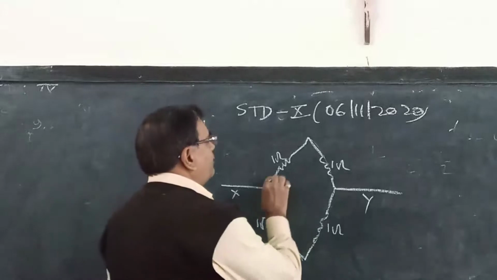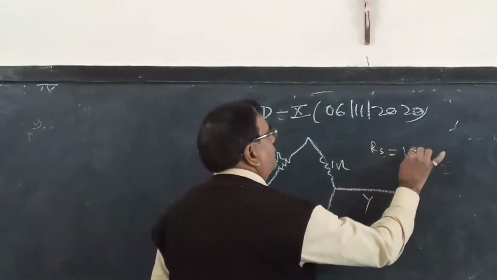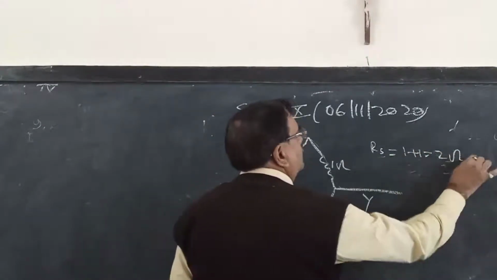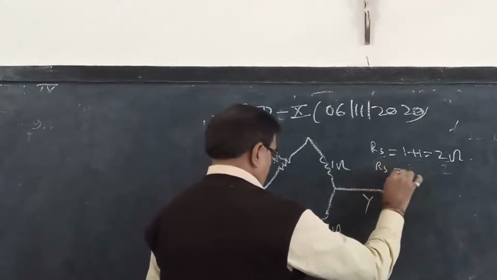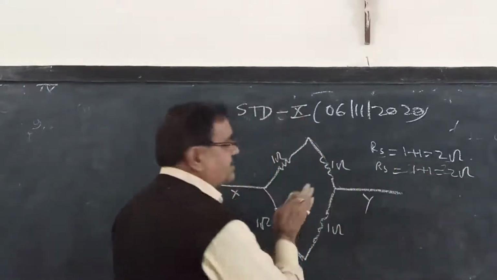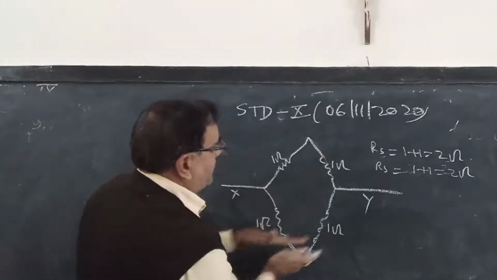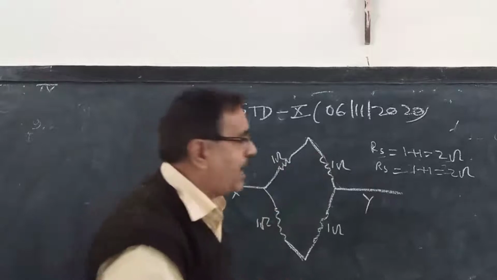So first of all, we will find the series ones. Rs is 1 plus 1, that is 2. This series, the same, Rs is 1 plus 1, that is 2. But this combination is different: this path is different, this path is different. Because of the different paths, this combination is parallel.